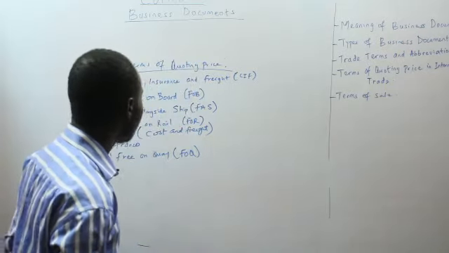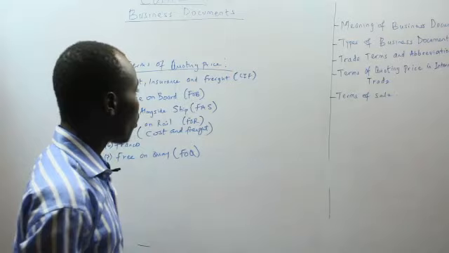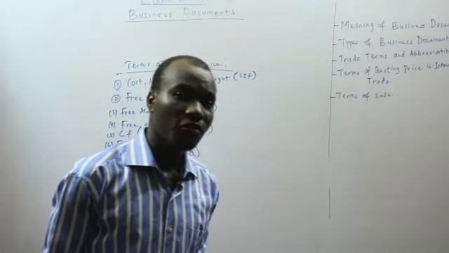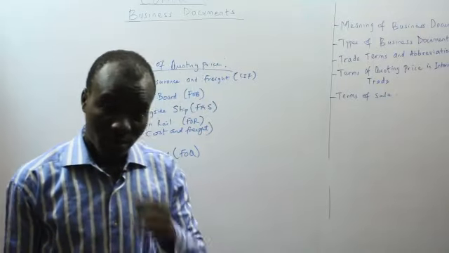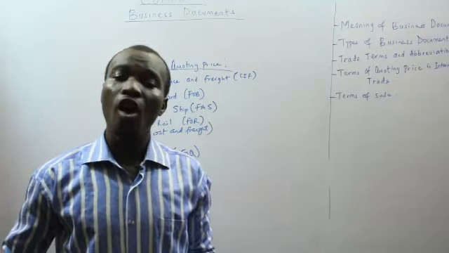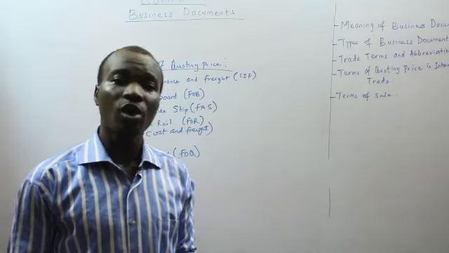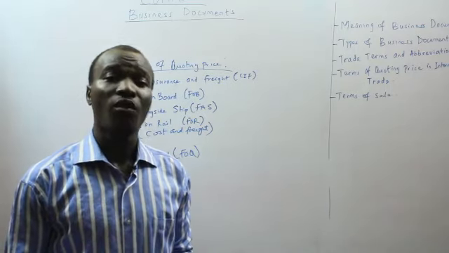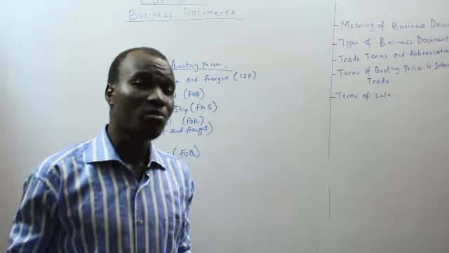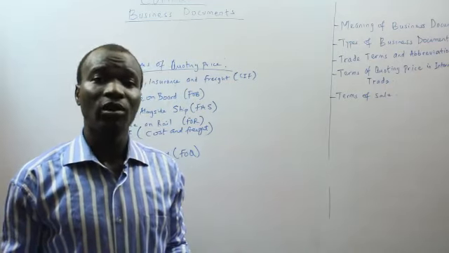The next thing we have is free on board, FOB. This means the price quoted includes all costs that will be incurred in loading the goods on board. Any cost incurred while loading the goods on board will be borne by the exporter.